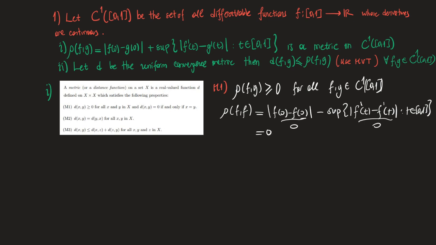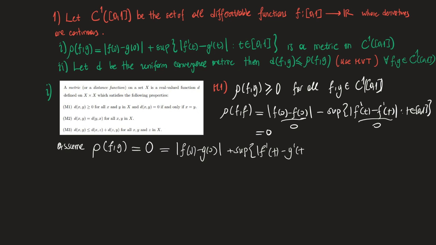So let us show the other way around. We have just shown one direction; now let us show that if it is 0, it should be the same function. Assume rho(f, g) is 0, that is, |f(0) minus g(0)| plus the supremum of |f'(t) minus g'(t)|.